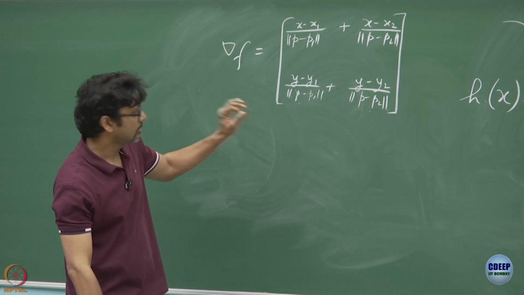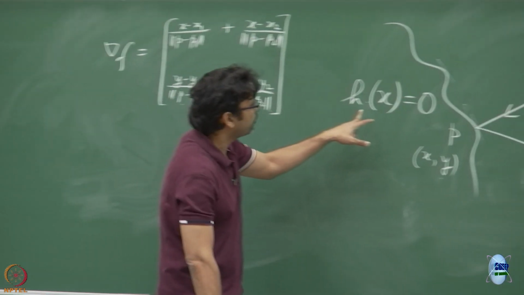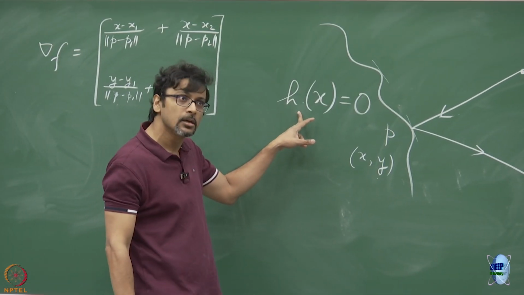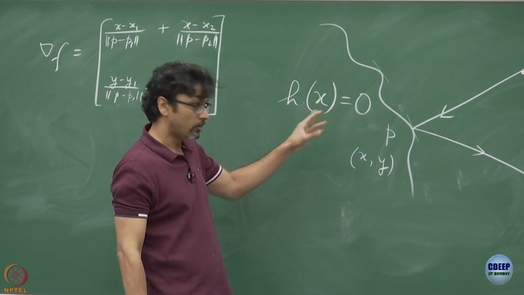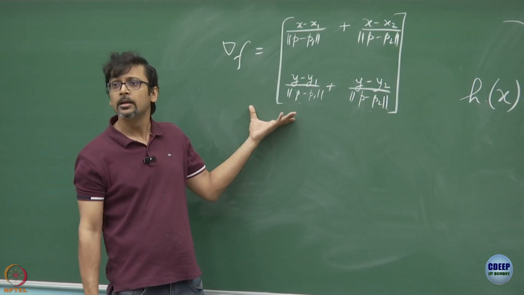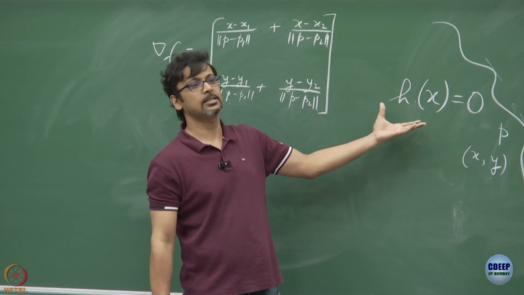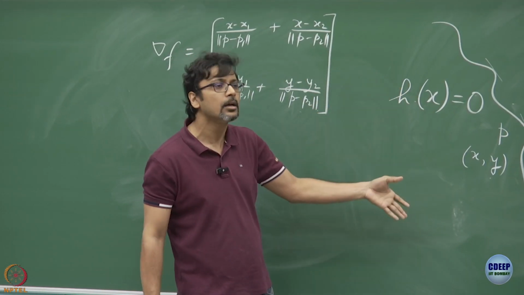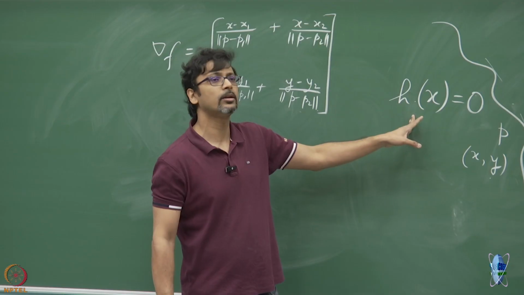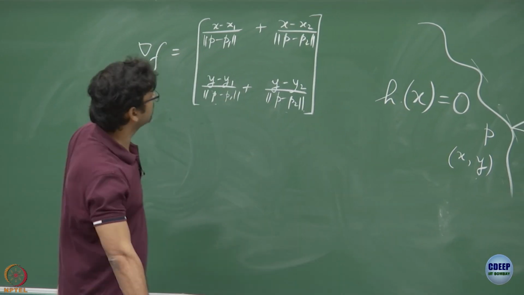Okay, let's hold this thought for a minute and let's also find out the grad of h, because what does our problem tell us? What have we just derived? That the grad of f at the point of optimality must be in the span of the grad of h. But the grad of h is just a single vector, right? Because there's only one constraint here. So what do we say then?